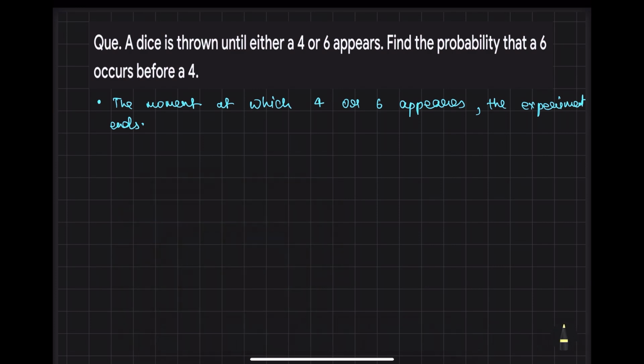Now, find the probability that a 6 occurs before a 4. Means we want 6 before 4. This means 4 will never come. Okay, so this is the idea.